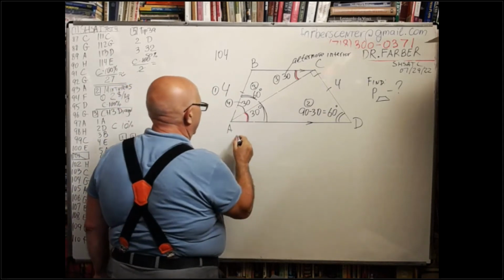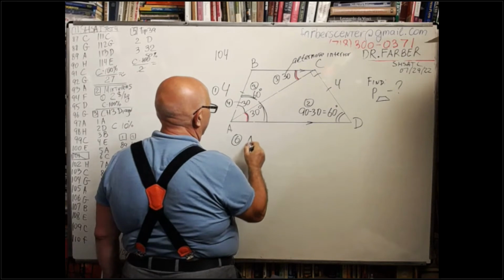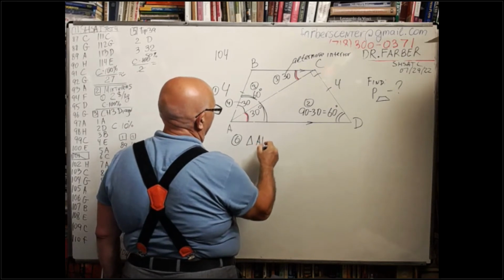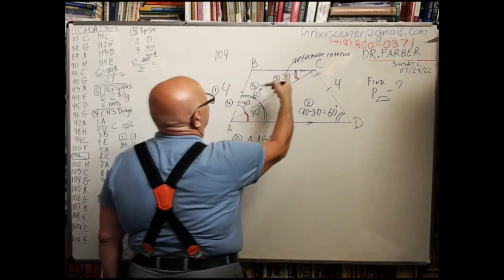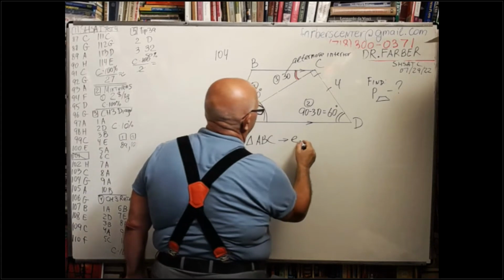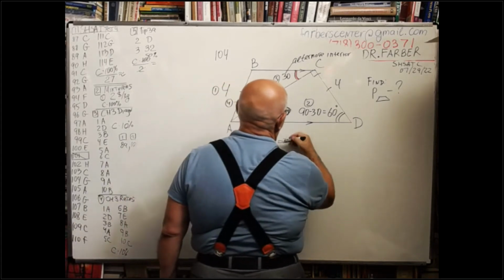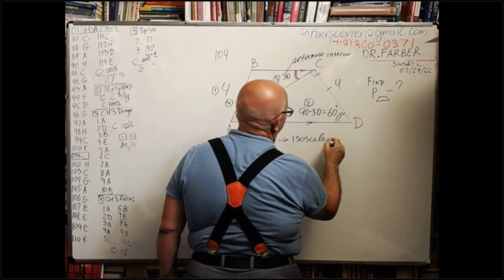Now, look at this. Step number 6: look at triangle ABC. In this triangle, this base angle is 30, and this base angle is 30. You can make the assumption this is what? Equal, this is isosceles. Why?